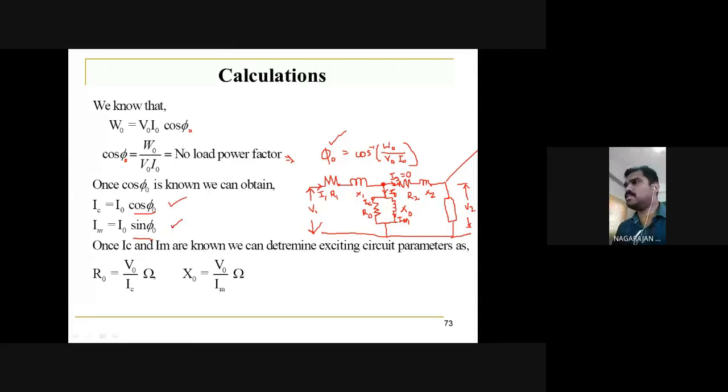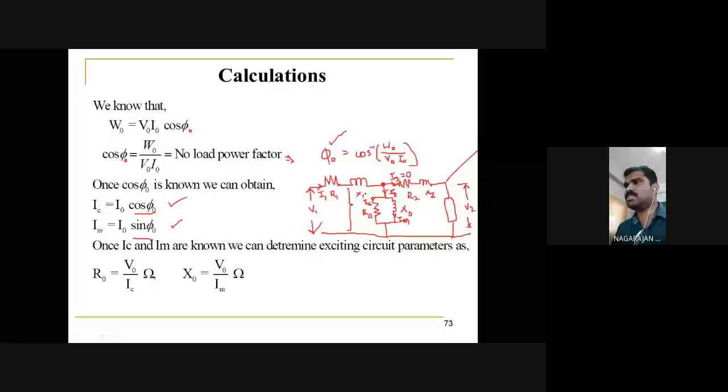Okay. So IC is passing through R naught. We know the voltage across this branch. In a parallel circuit, the voltage across each branch will be equal. R naught and X naught are together connected in parallel across the supply voltage. So this is parallel to V1, isn't it?